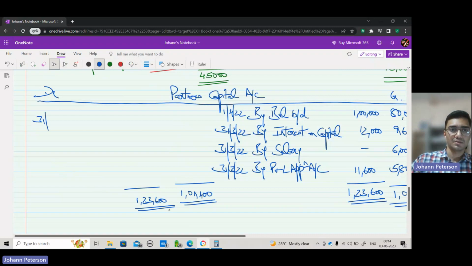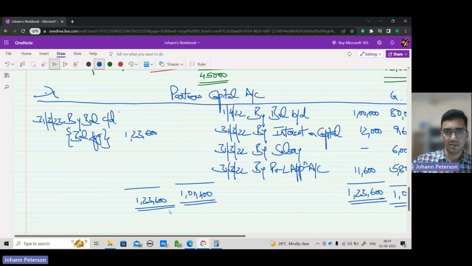So 31st March 23. This is going to be my closing balance. So by balance carried down in brackets balancing figure. And since nothing is there, so I'm going to write the same amount, 123,600 for X and 101,400 for Y. These should be my answers.